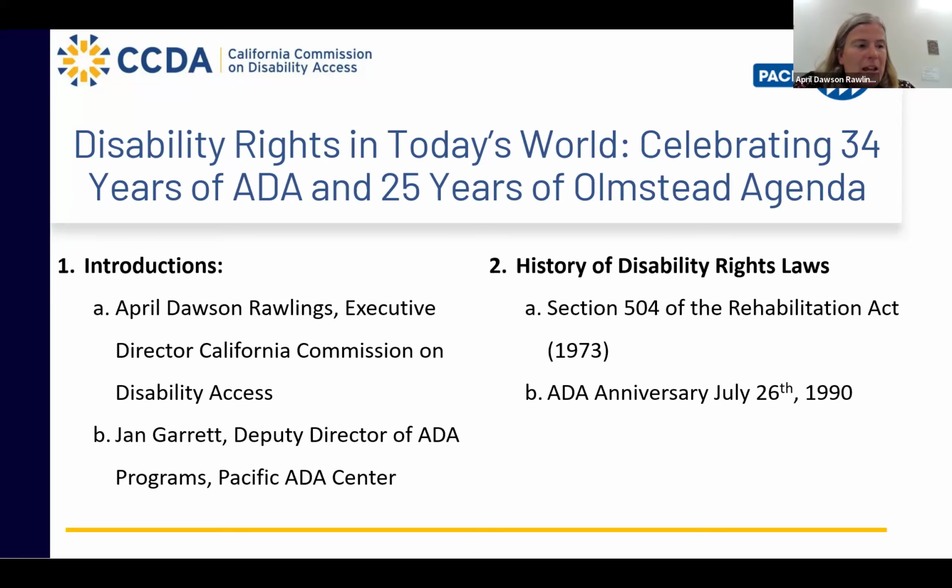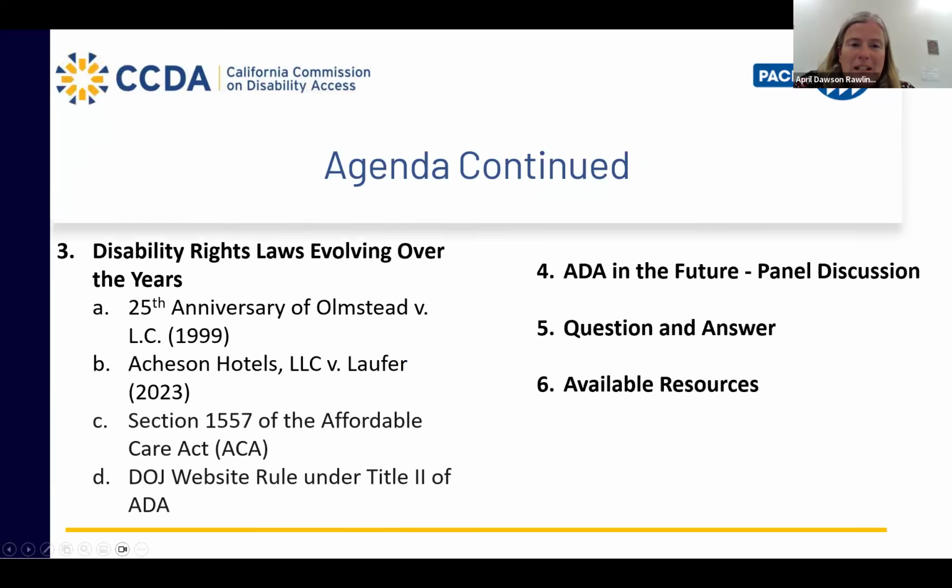And then from there, we're going to talk about some court cases and recent decisions, various rulemaking decisions that are impacting disability access in today's world. And then we are going to talk about what disability rights and pride look like in the future. And we're going to hear from some self-advocates.